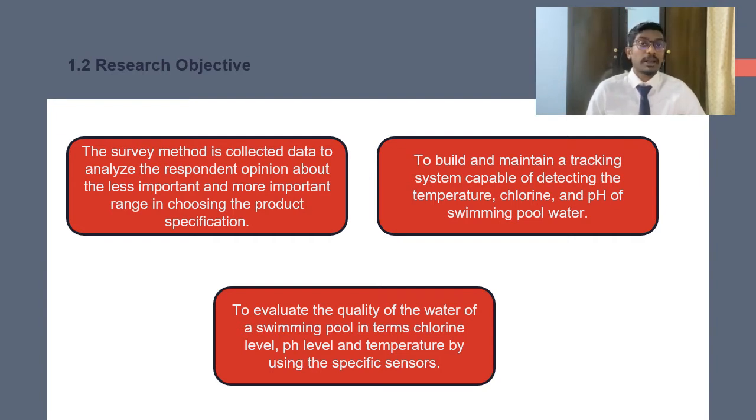The second one is to build and maintain a tracking system capable of detecting the temperature, chlorine and pH of the swimming pool water. The third one is to evaluate the quality of the water in a swimming pool in terms of chlorine level, pH level, and temperature by using specific sensors.